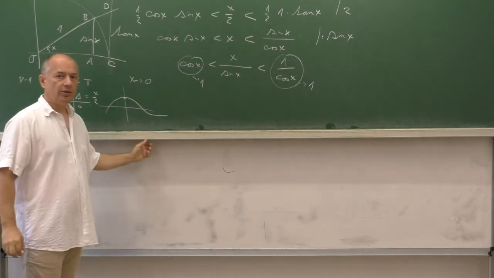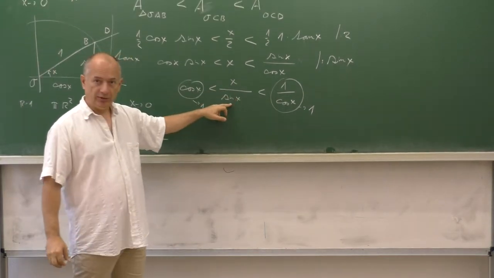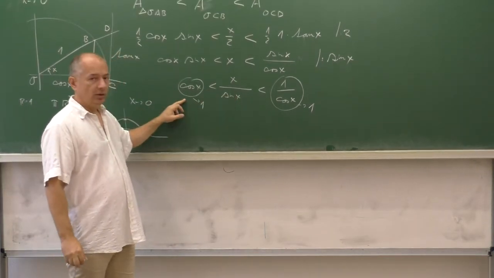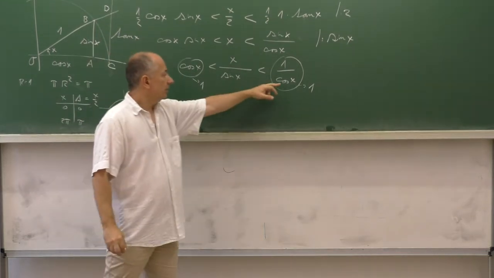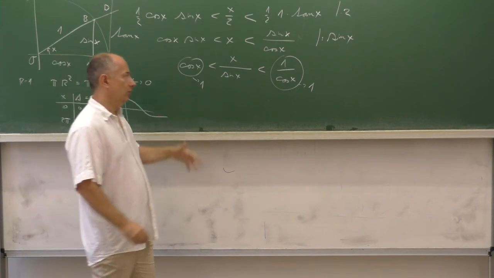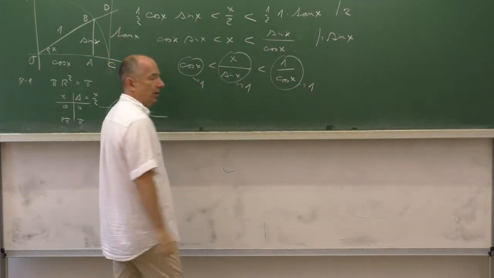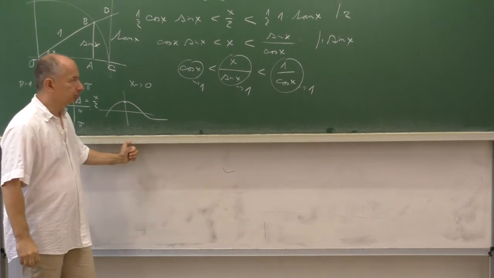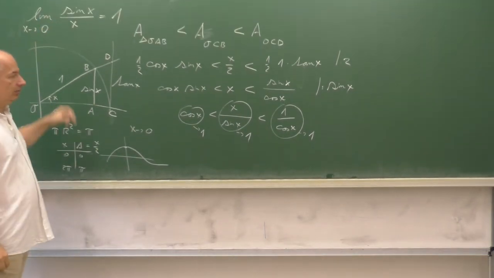And now we can use the squeeze theorem, because we have some complicated function with this lower bound, this upper bound, and these two functions, both of them go to 1. So the limit of this must be 1. This goes to 1 as well. And this finishes the proof that this limit is equal to 1.